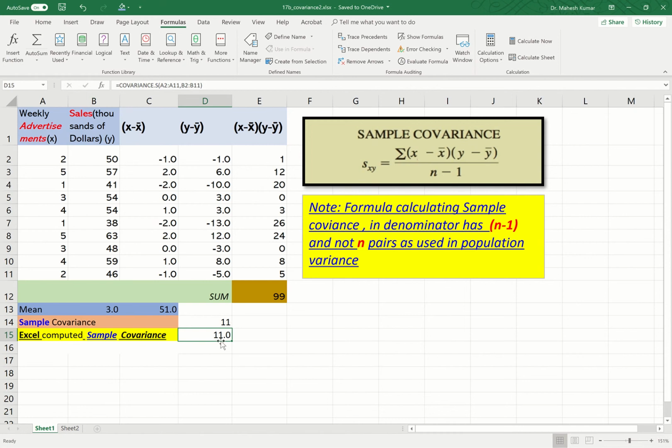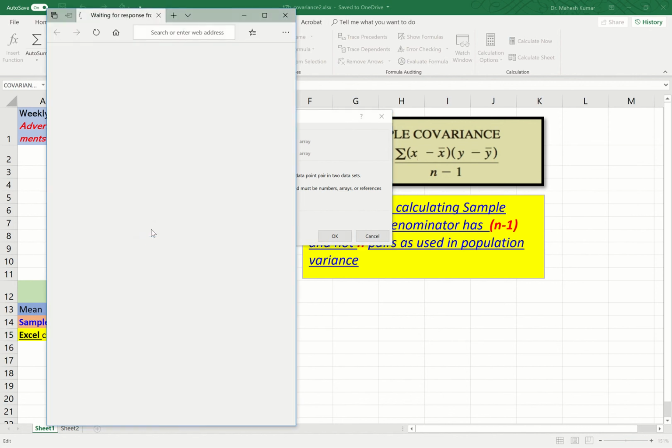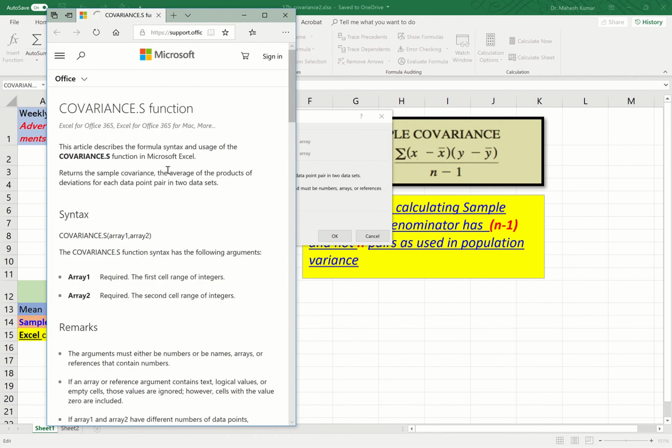So it means when Excel uses the sample covariance function, it uses n minus 1 in the denominator. And if we go to help here, in recently used functions we still have COVARIANCE.S, and if we click help on this function, we see that if you are connected to the internet, you will see this website support.office, where it tells us the formula used in this.